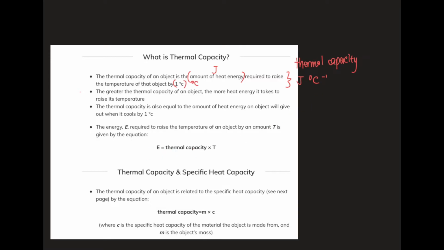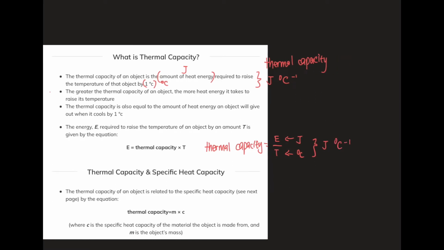If I rearrange this formula, thermal capacity equals E over T. E is energy, unit is joule, temperature in degree Celsius or Kelvin, up to you. So at the end, it becomes joule per degree Celsius. So that's why the unit makes sense here.